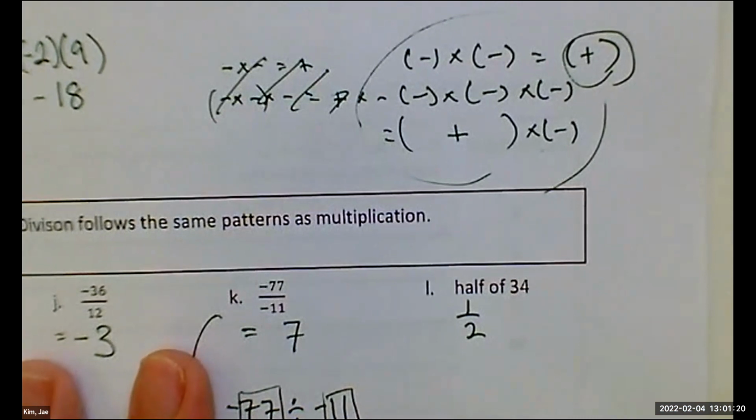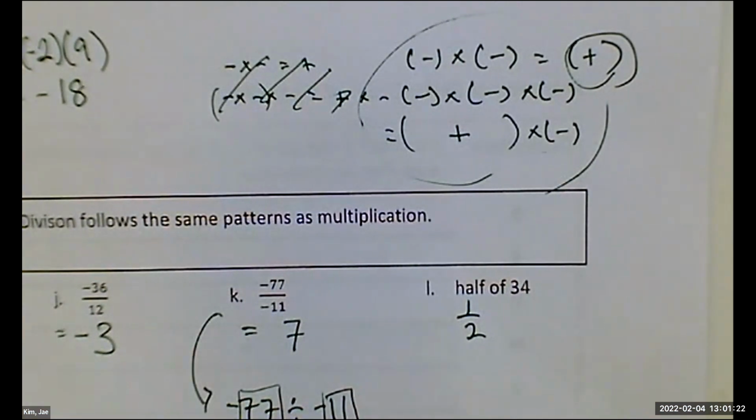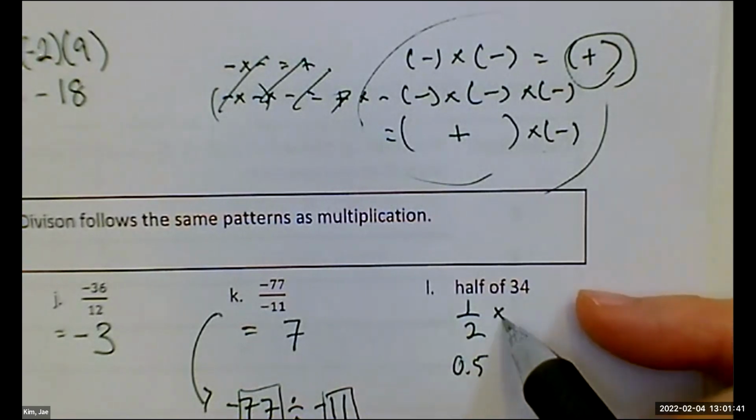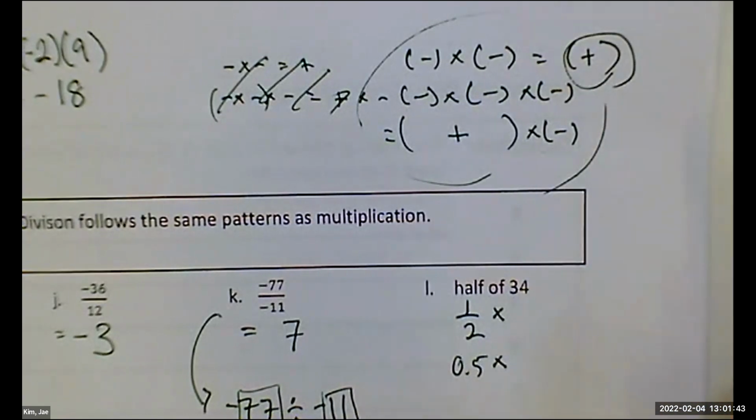Okay, what's another way we can show half? How about, not in fraction, but some other way? Either one. Of. That is a word that will almost always, like 99% of the time, translate into a multiplication. When you see the word of, it's literally multiplication.